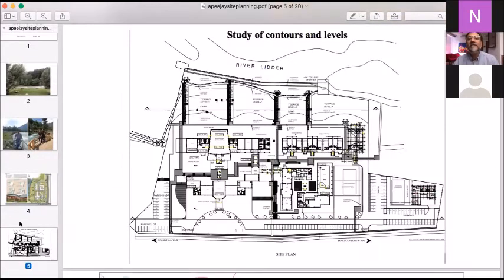Now, this is a slightly more detailed level after the initial concept, which I showed in the previous slide. You can see on the extreme right, we brought in the river. And of course, this is not always possible to do.